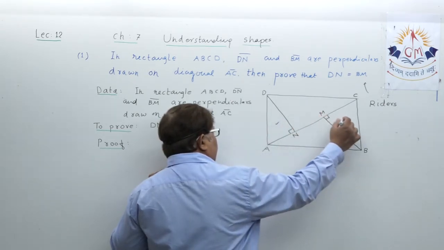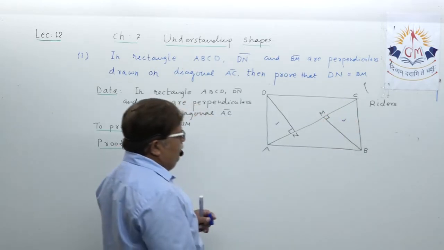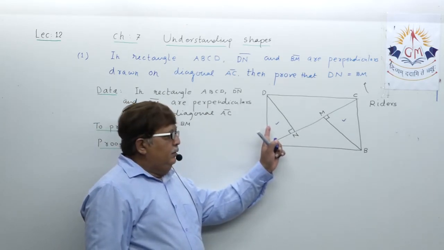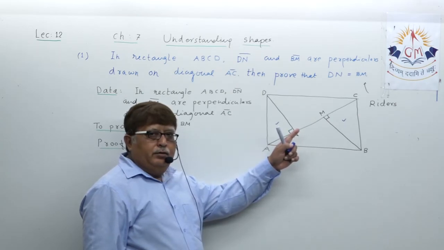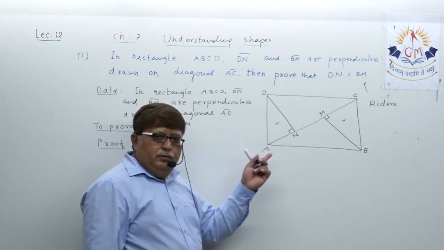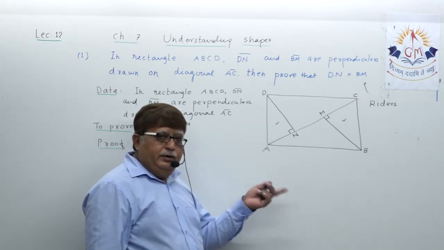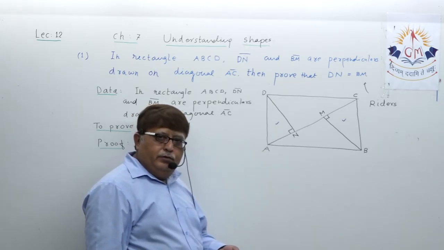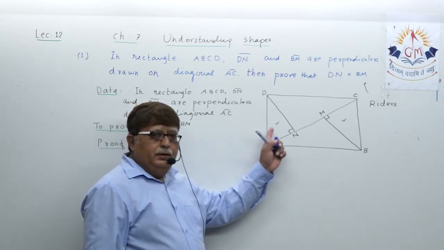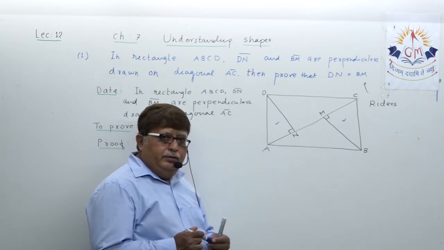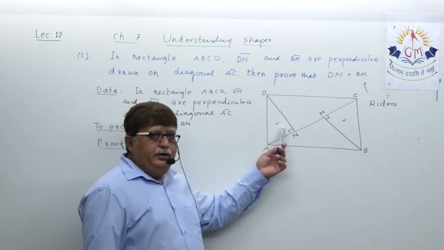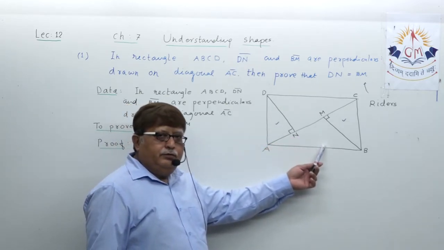So dear student, concentrate on these two triangles. Understood? If you try to prove these two triangles congruent by any one of the concepts which may be applicable here, either SAS or ASA, once you are able to prove these two triangles congruent, then it becomes easy for you to prove that DN equals BM.